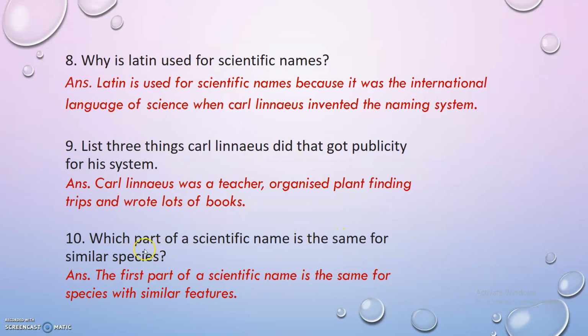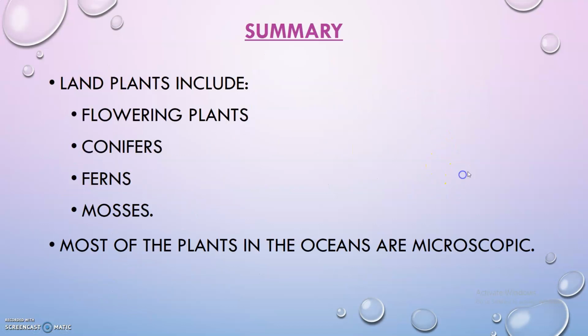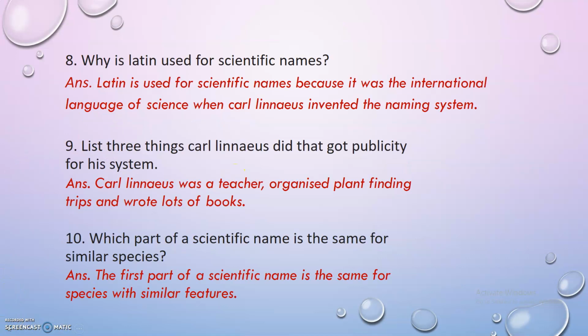Question number 10. Which part of a scientific name is the same for similar species? I told you 2 parts are there, first part and second part. In the first part, the genus name is included and the second part is the species name. So species with similar features will have the first part the same.